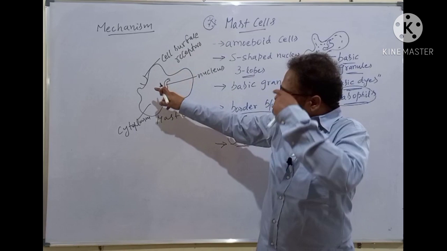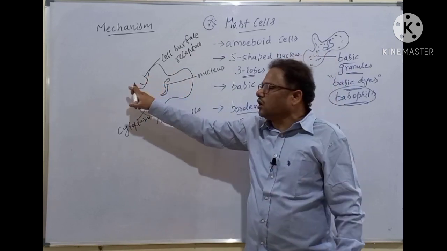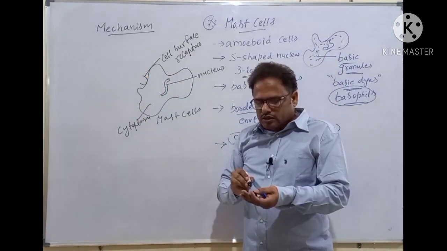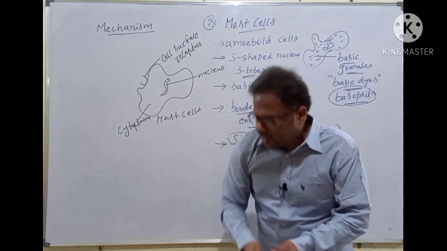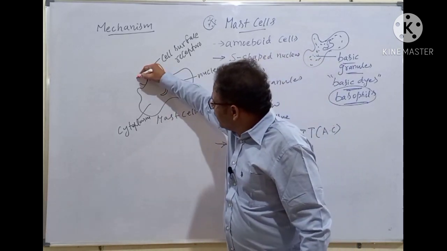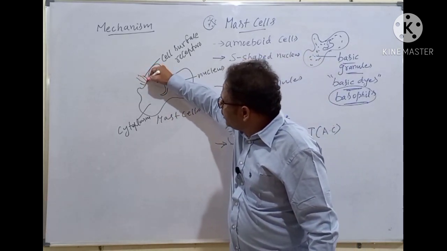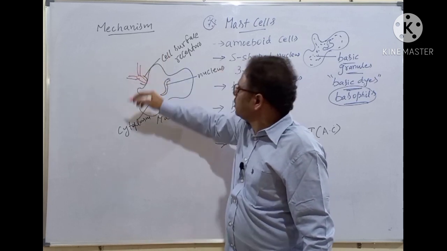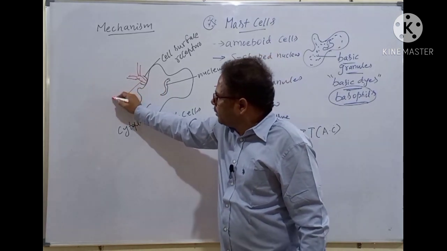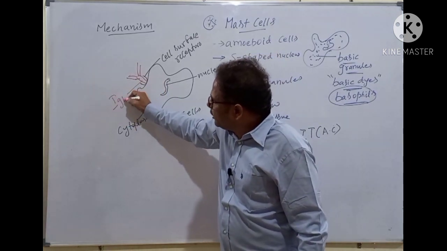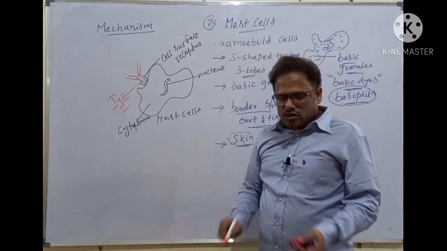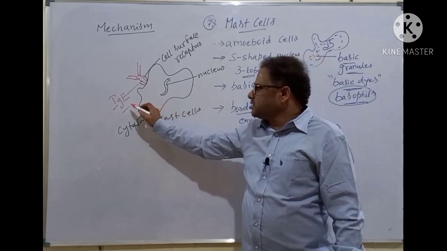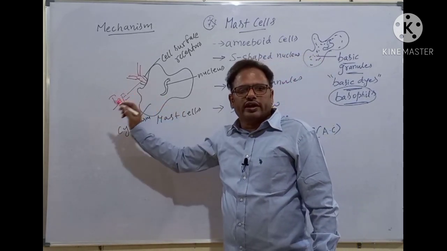The cell surface receptor contains the antibody. Contains the antibody here, like this. This is the antibody. What is this antibody type here? IgE antibody.